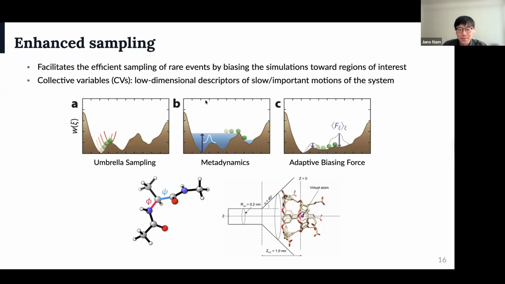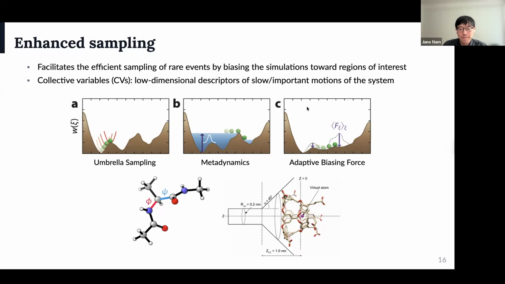Another one is metadynamics, which we will use later. In metadynamics, we slowly fill up the potential energy landscape, so that at some point the molecule or particle will overcome the barrier and start exploring other regions as well.